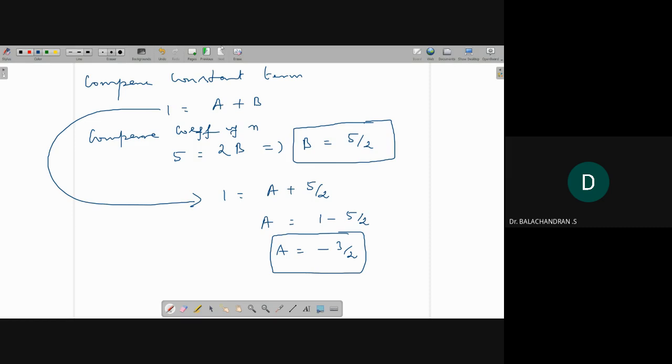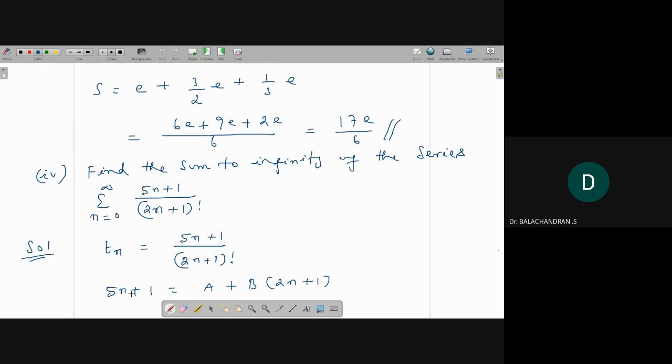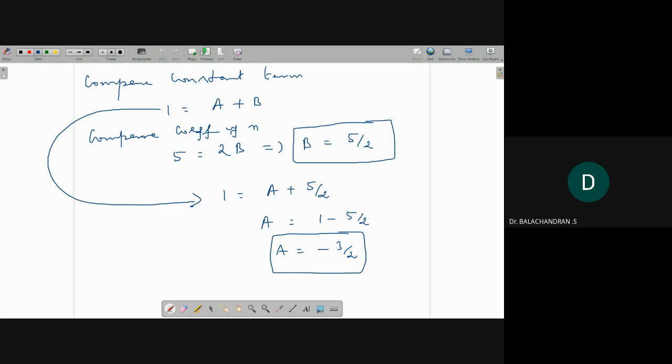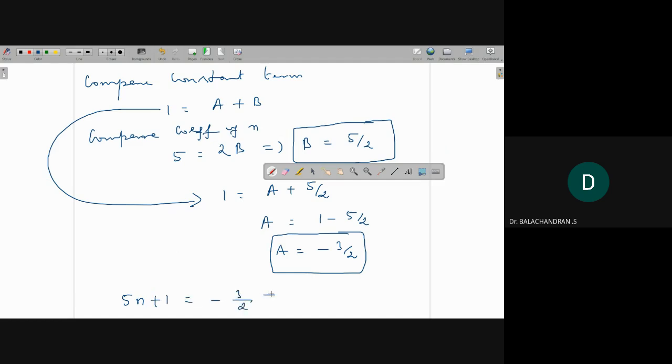So now substitute these values here. 5n plus 1 equal to a is minus 3 by 2, b is 5 by 2 into 2n plus 1. Okay.